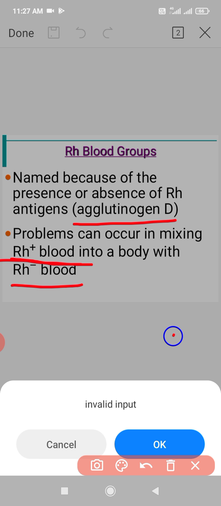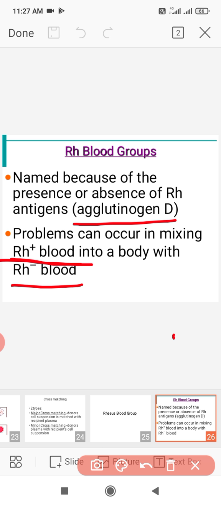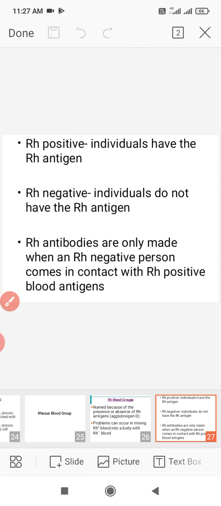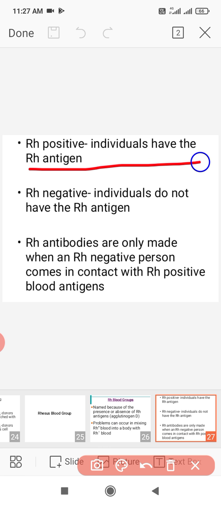Natural RH antibodies are absent. If RH agglutinogen is present, then it is AB positive. If RH antigen is absent, then the blood group will be AB negative. So RH positive individuals have the RH antigen, and RH negative individuals do not have the RH antigen.